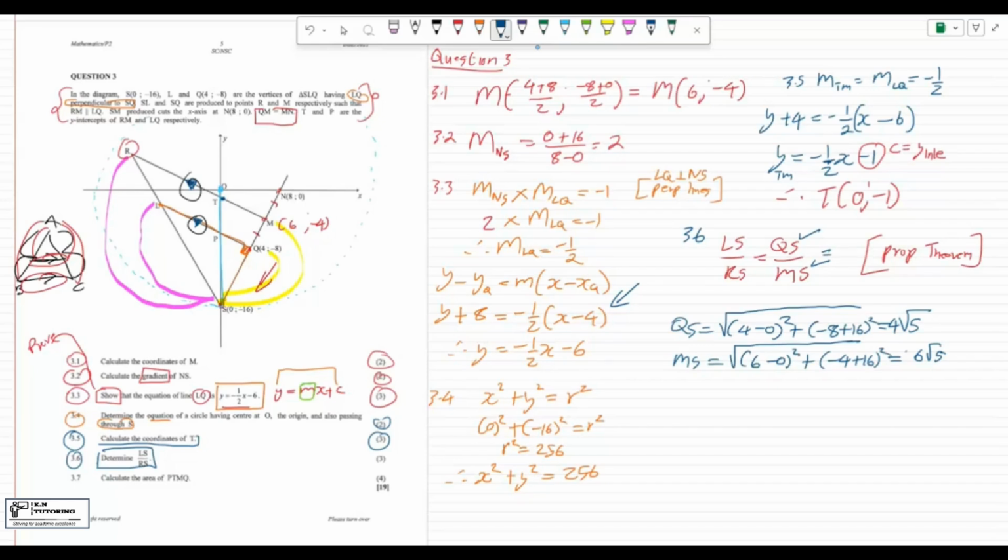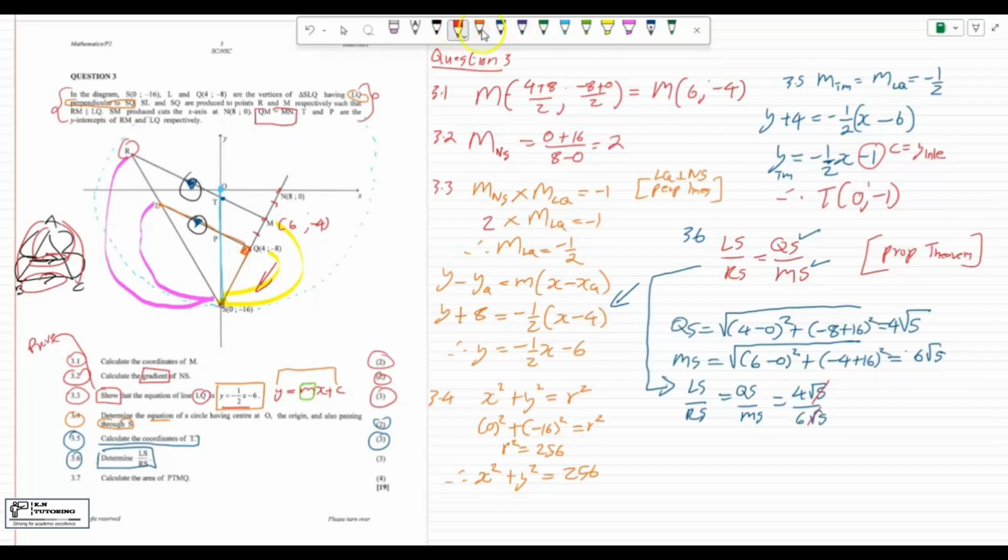So the answer there will be LS, QS, it's 4. Okay, let me not squeeze it. You can come and put it there. You can say LS over RS is the same as QS over MS, which equals 4 root 5 over 6 root 5.